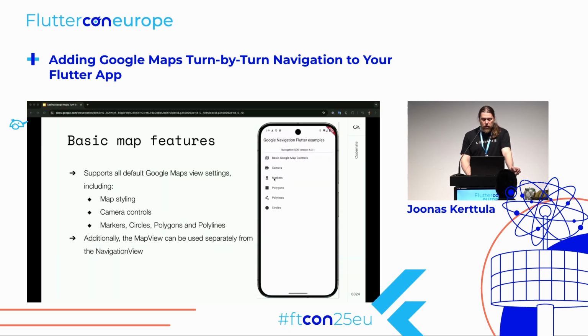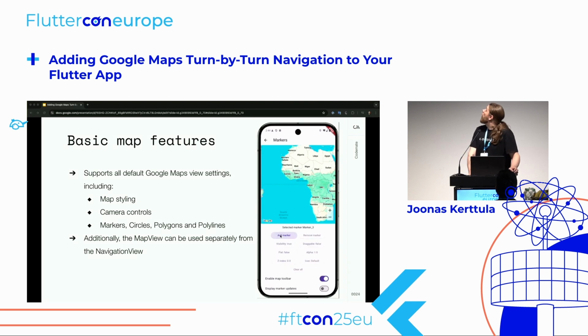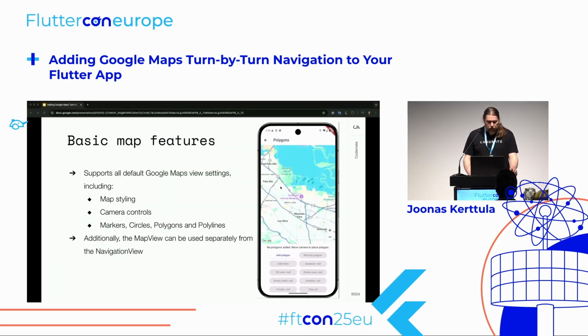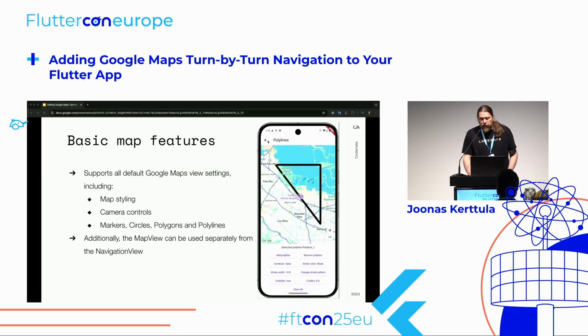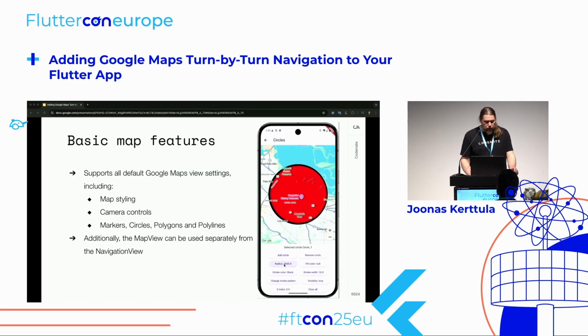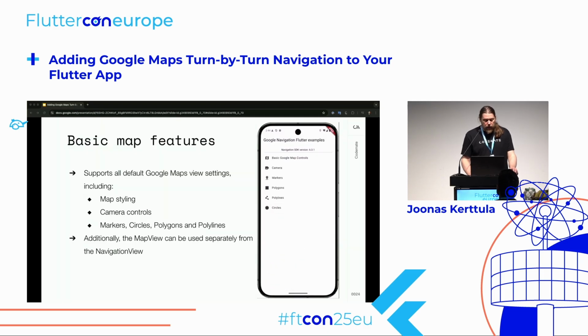And also, this supports all the basic map features: camera controls, map styling, markers, circles, polygons, and polylines. So you can do the same things as with the Google Maps Flutter plugin. And as said earlier, you can create a map view, and if you create a map view with this package, it doesn't have any navigation view elements on it.